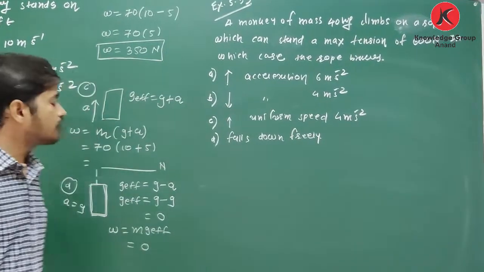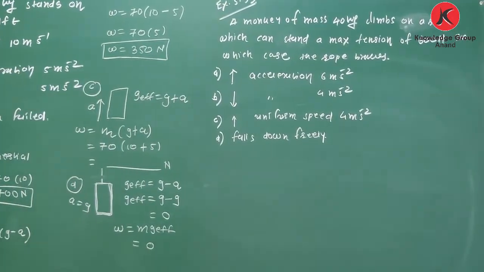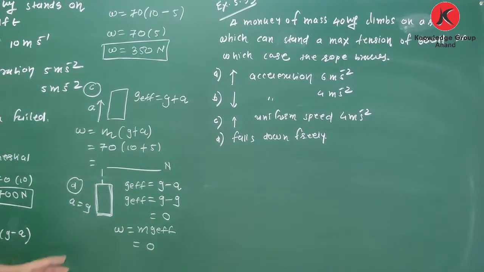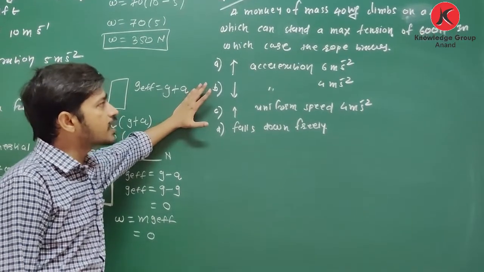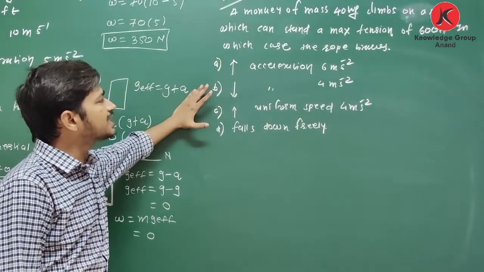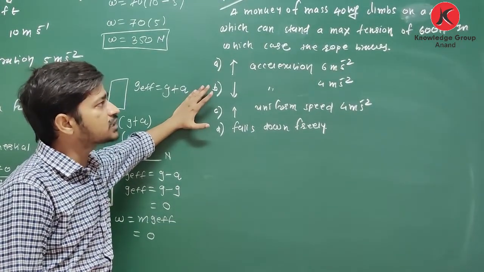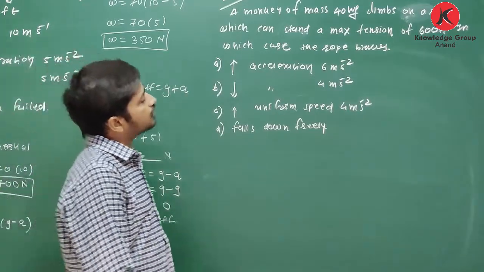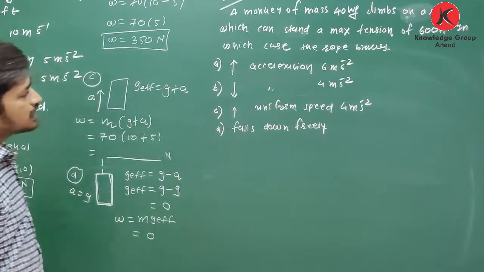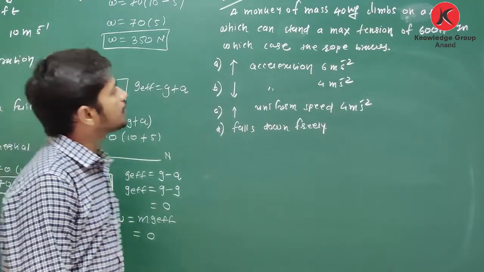Another question on inertial and non-inertial frame of reference. See, a monkey of mass 40 kg climbs on a rope which can stand a maximum tension of 600 Newton. In which case does the rope break? The mass of the monkey is 40 kg. The monkey climbs up on a rope.